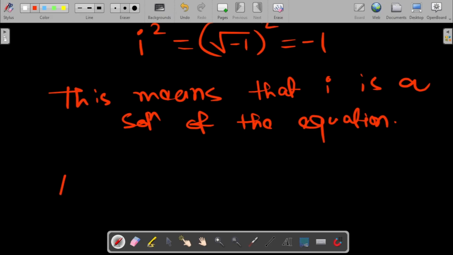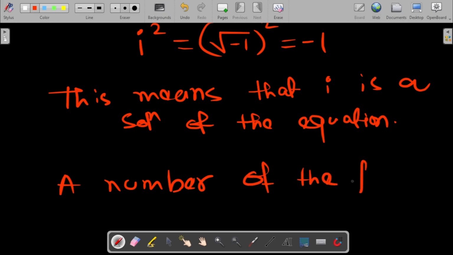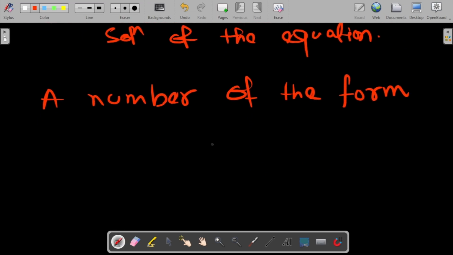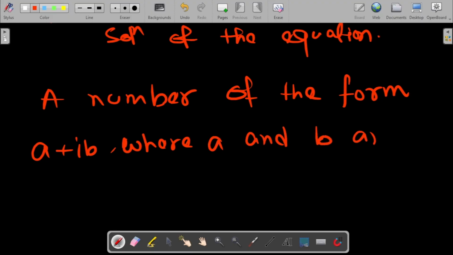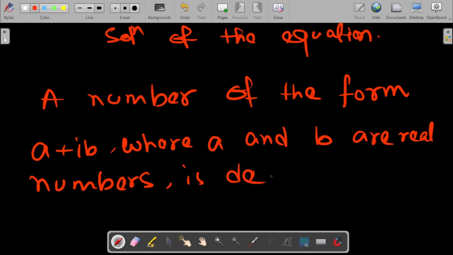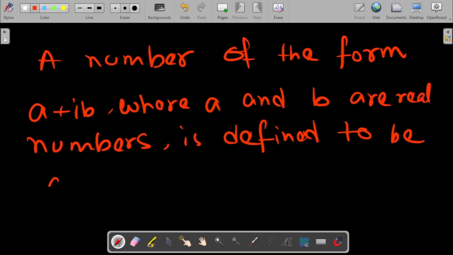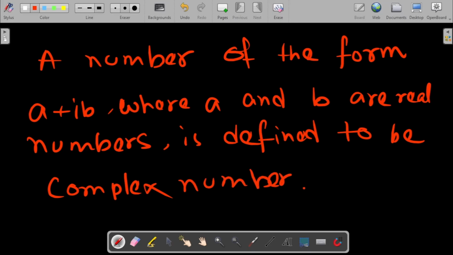So a number of the form a plus ib, where a and b are real numbers, is defined to be a complex number.